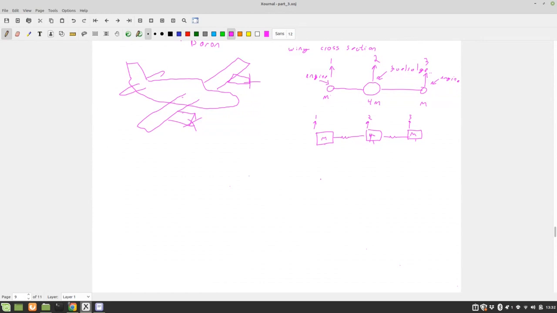Or maybe it should be like this. M1, I'm just going to call it M, I don't care, M2, M3, right? Maybe it should be like that. Or what if we drew this like this?